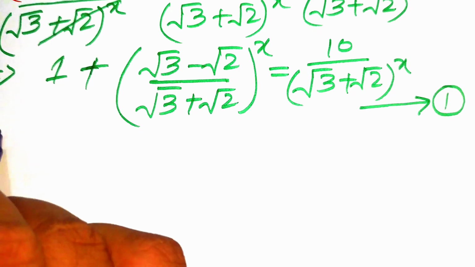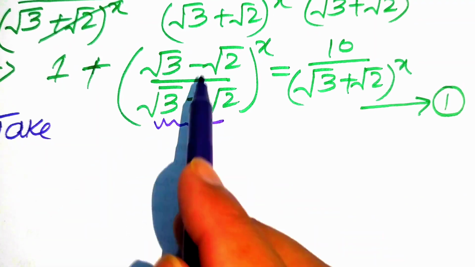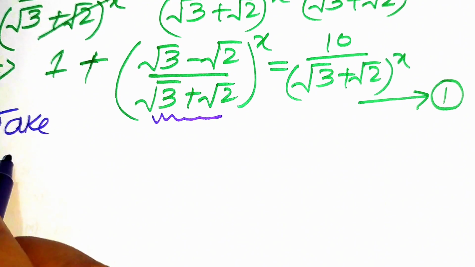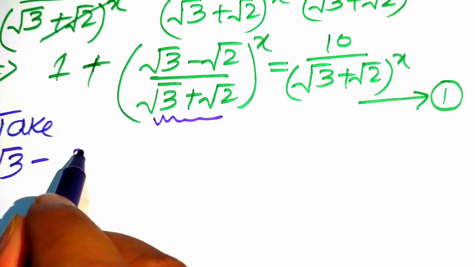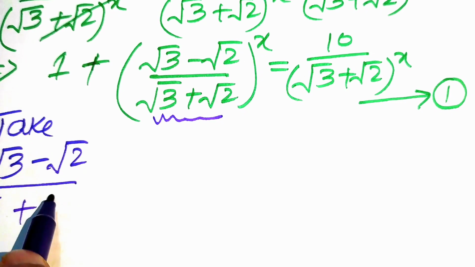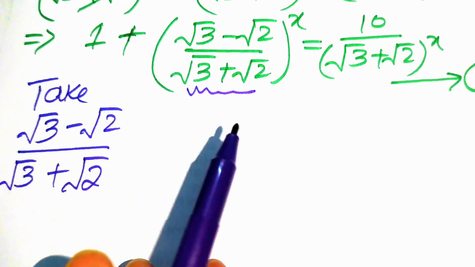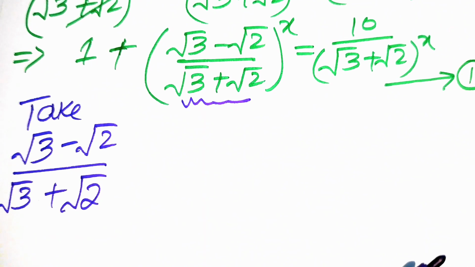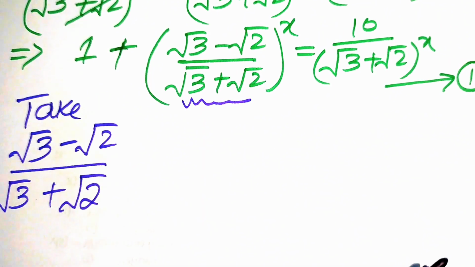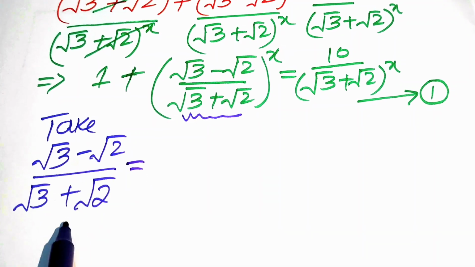First we just take this base. The base of this term is (√3 − √2) over (√3 + √2). We need some simplification of this base, so we rationalize its denominator.